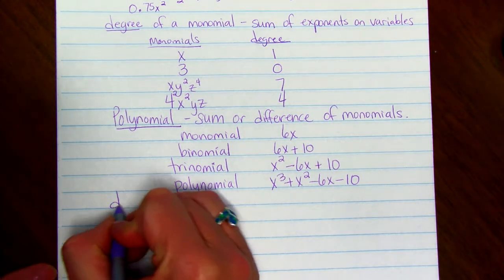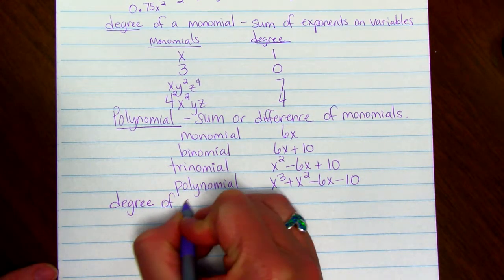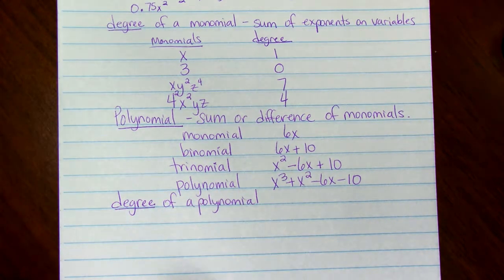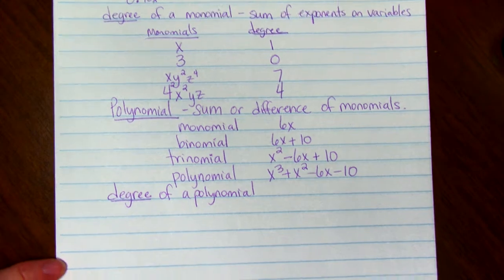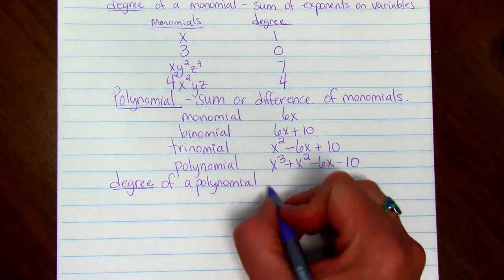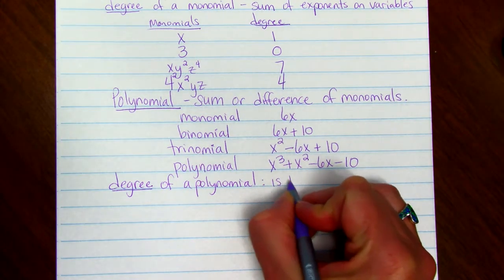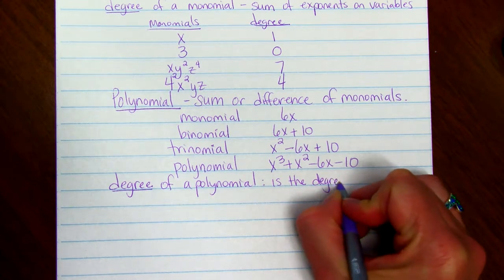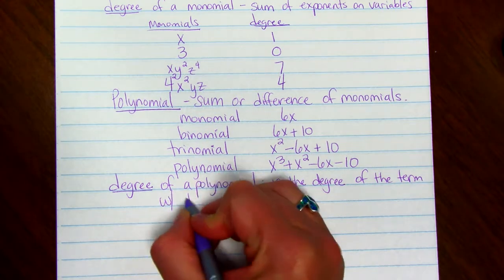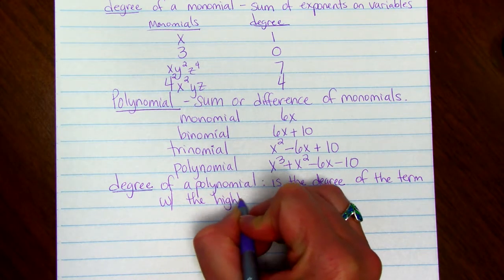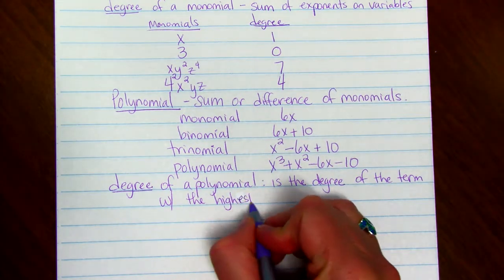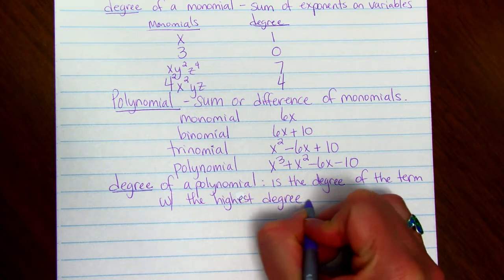Now let's say we wanted to find the degree of a polynomial. To find that, you have to find the degree of the greatest degree term in the polynomial. So the degree of a polynomial is the degree of the term with the highest degree.